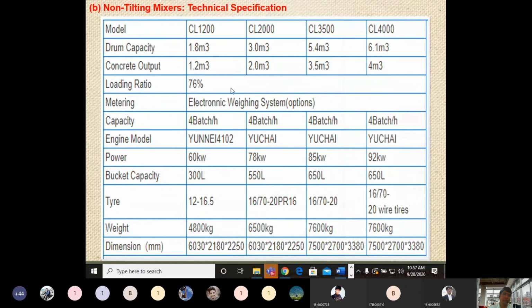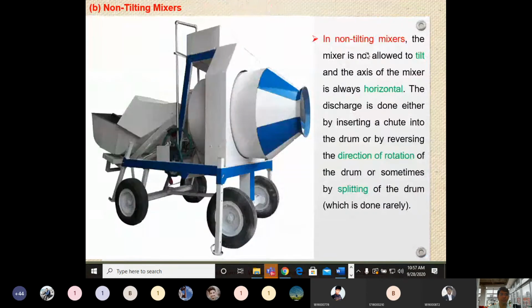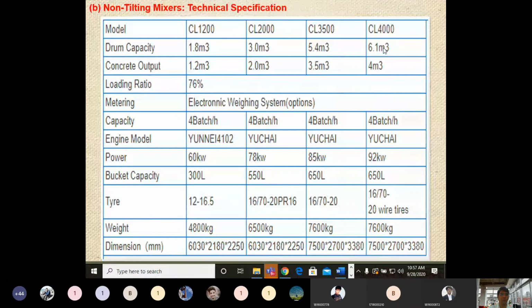So while writing the answer for this type of mixers, for example, the question is like this: what are concrete mixers? Enlist the classification of the concrete mixers and write the descriptions of any four with detail. For the non-tilting type, you have to write the drum capacity, the model, the concrete output, the loading ratio and the capacity.